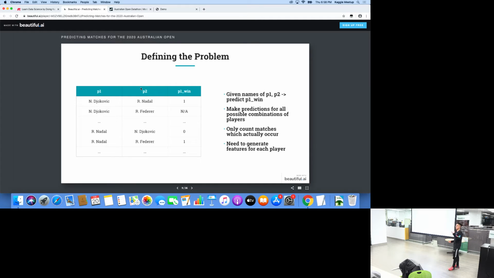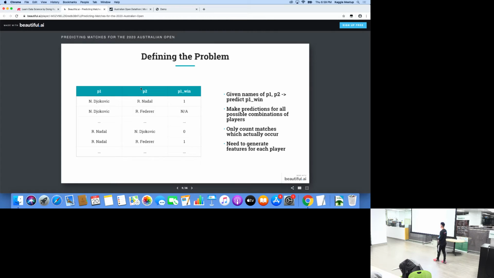There are 128 players in each division, meaning that for each player you'll have to make 127 predictions against how they would fare against all of their potential competitors. In total there are 128 times 127 predictions, meaning 16,256 predictions in total. However, only a small subset of them will actually be realized. It depends on how the tournament plays out, but you still want to make predictions for all possible cases.